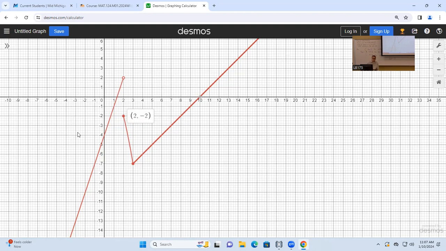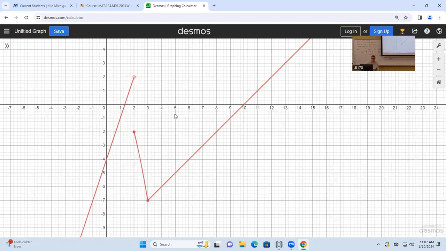And this graph sort of shows the idea of discontinuity versus continuity. All right. This is a very common phenomenon in piecewise defined functions, to have a point of discontinuity.